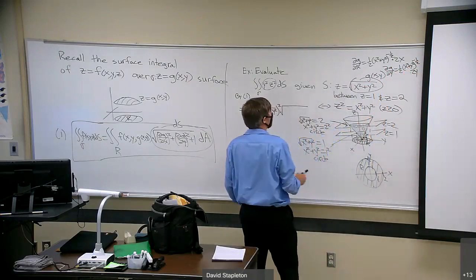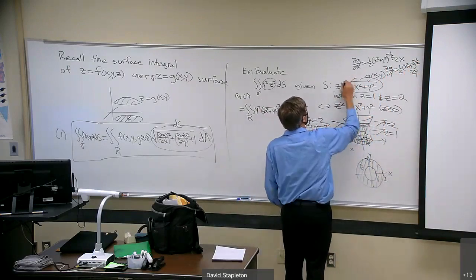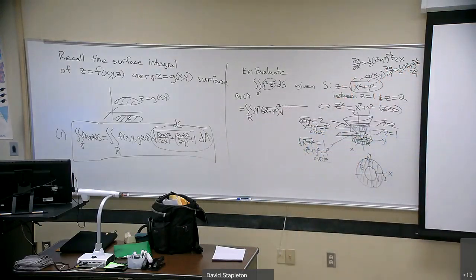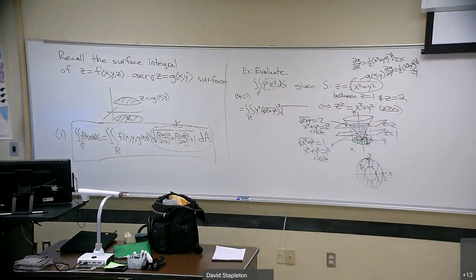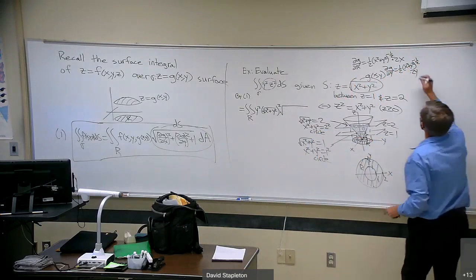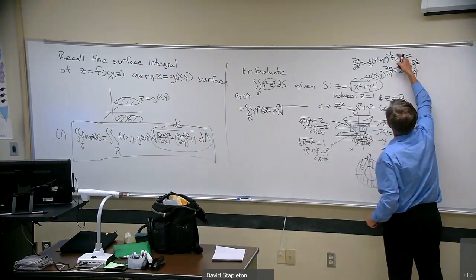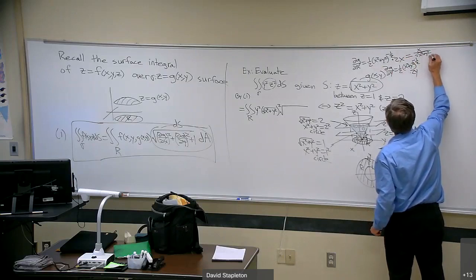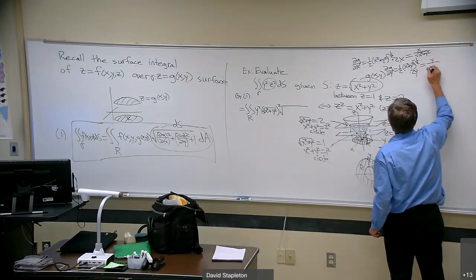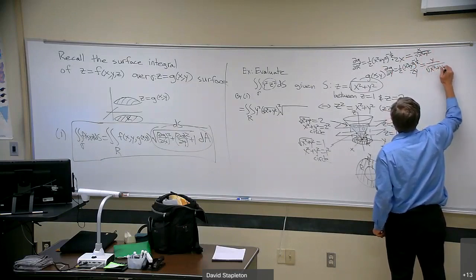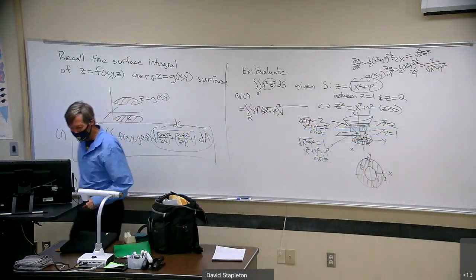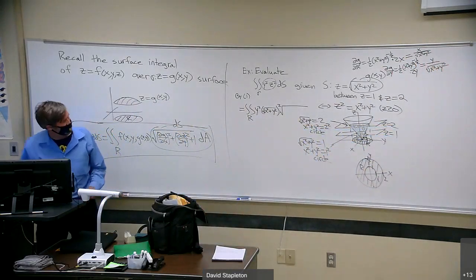What that comes out to be, well, I need just a little more room. This one is equal to, 2 over 2 cancels, and you get x over square root of x squared plus y squared. And this one, similarly, you get y over square root of x squared plus y squared.